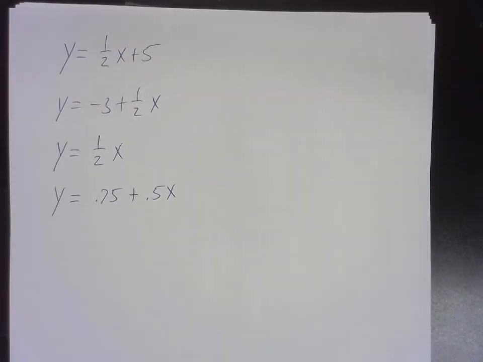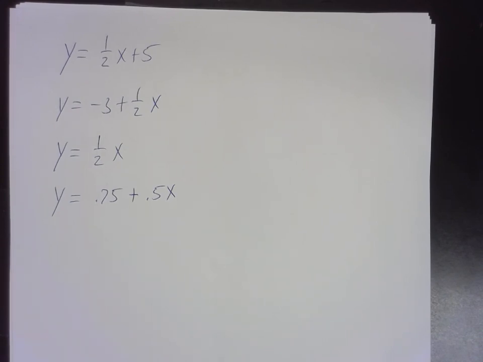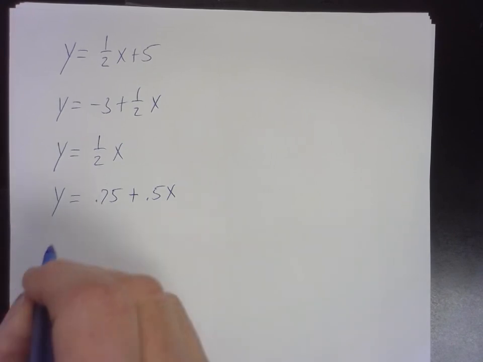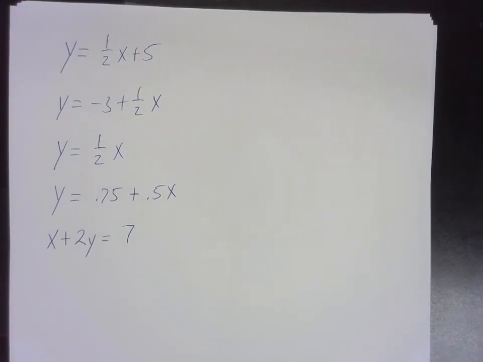Now, what do you think about all those lines? Are they all parallel? They're all parallel, aren't they? I've written them a little bit differently, but they're all parallel. Still parallel?